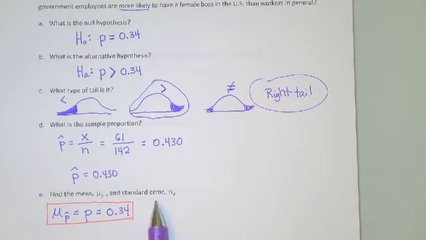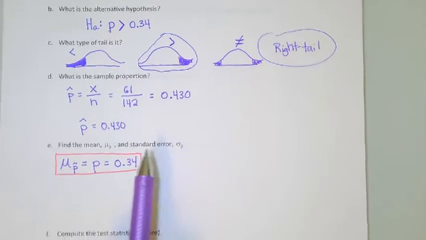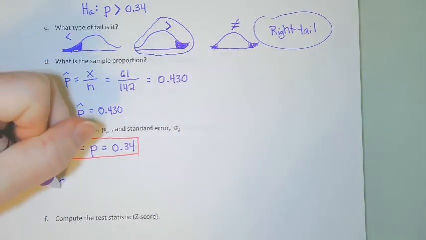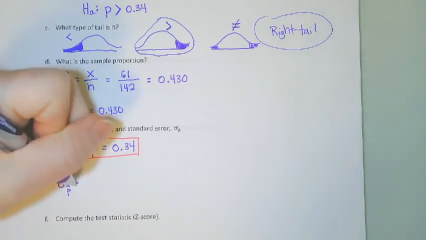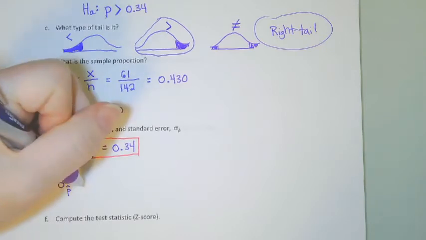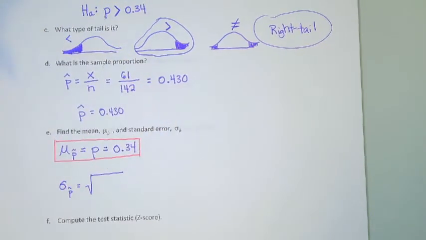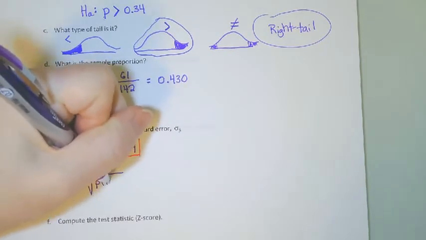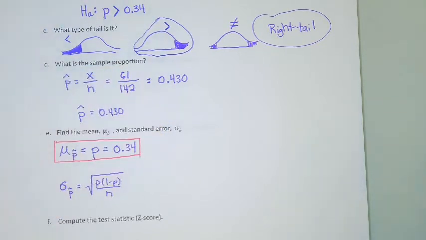Next thing they're asking us to determine is what the standard error of the sampling distribution is. And so we're going to go ahead and need to use our formula for standard error, which is the square root of p times 1 minus p divided by n.